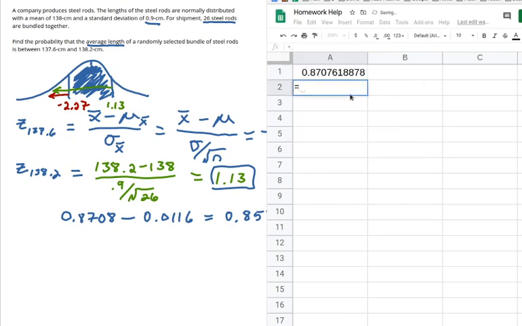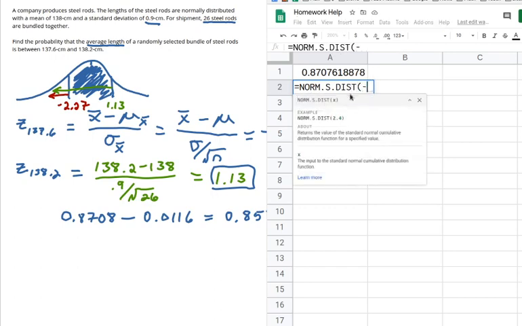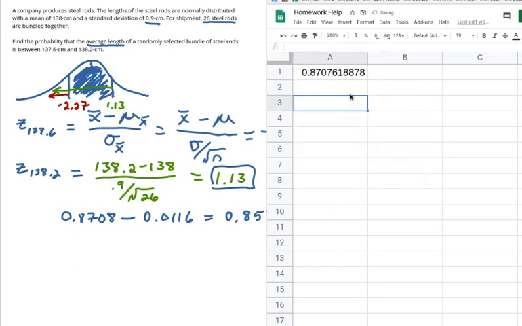I did it for 1.13, I can do it again for negative 2.27. And then I could subtract those. And I'll have a few more decimal places of accuracy, but rounding to 4 decimals is usually good enough. And I again then would get 0.8592.